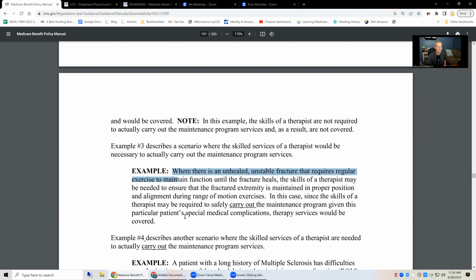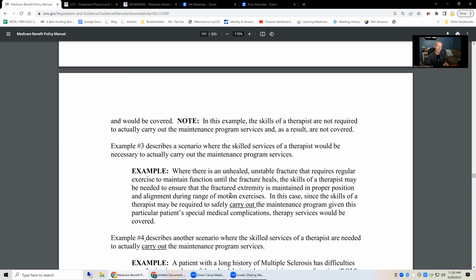So this is another really great example where they're saying, okay, we're expecting this fracture to heal during the interim where it's unhealed, unstable. I can't adequately train a non-licensed person to mobilize the joint, provide the passive range of motion, do the things that we need done. So the therapist needs to do it.